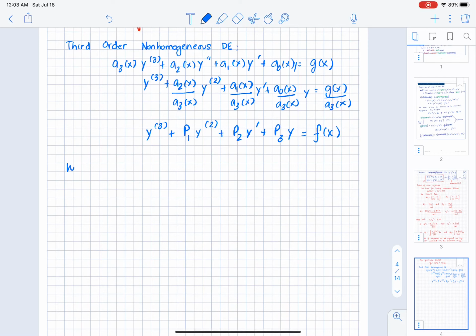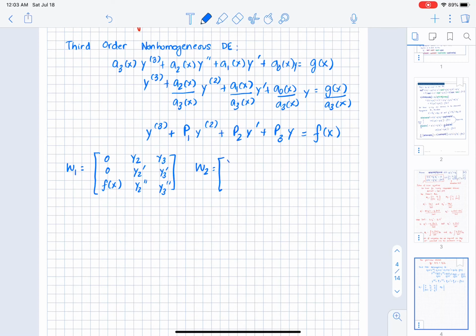What we have defined are three matrices. The first matrix would be 0, 0, f of x, and then y2, y2 prime, y2 double prime, y3, y3 prime, y3 double prime. And you may say, well, why do we have y3? This is a third-order equation.